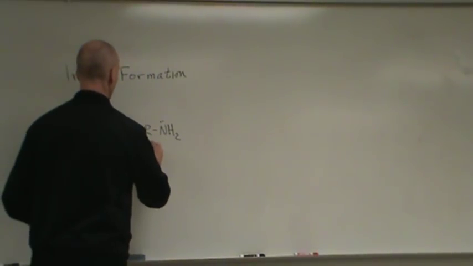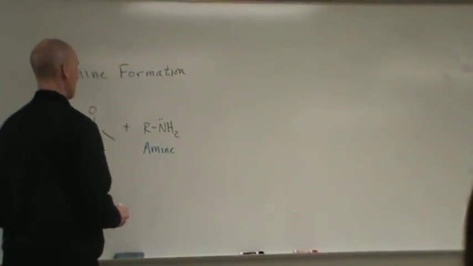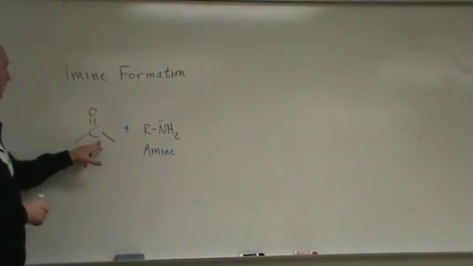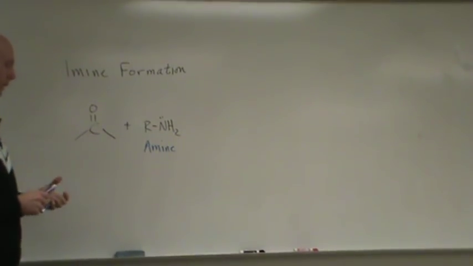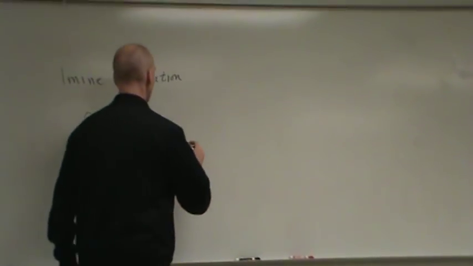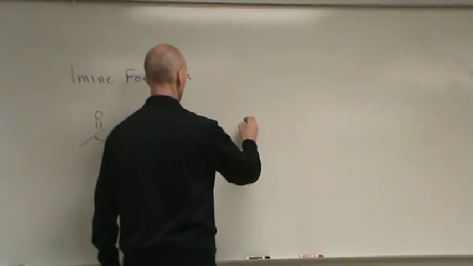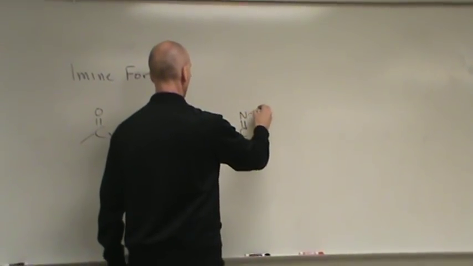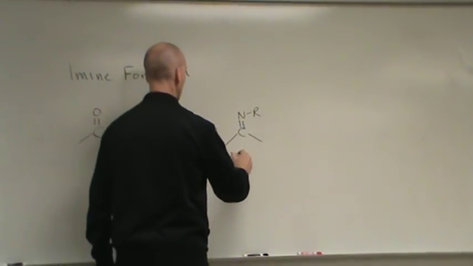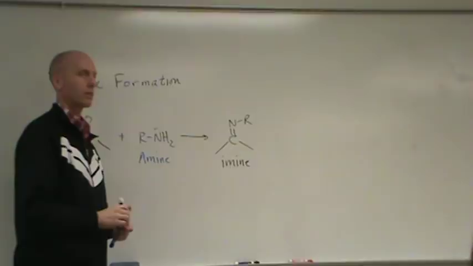Okay, those are amines. Okay, so we're going to take some kind of aldehyde or ketone and react it with an amine. And the result of that will be that.